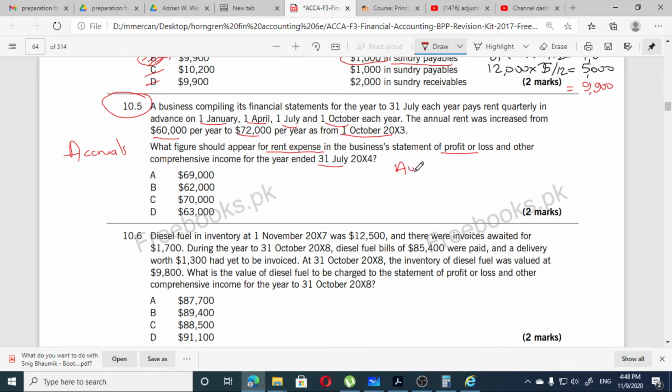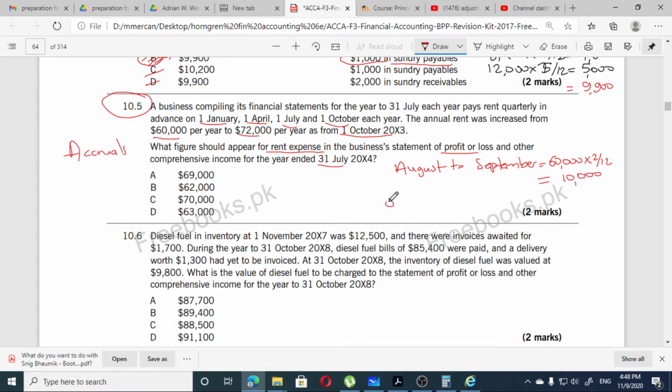From August to September, how many months do we have? August to September is 2 months, because after that the rent will be increased. So that will be just $60,000, 2 over 12, which means $10,000 coming from here.